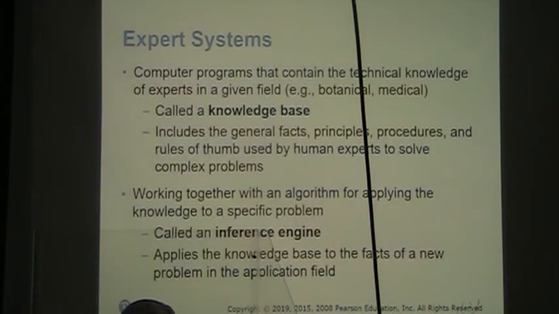All right, so an expert system, these are computer programs that contain the technical knowledge of experts from a given field, right? So the examples they give are in botanical science or medical science. In other words, it's a knowledge base, right? And sometimes we have those, for example, in troubleshooting your computer.